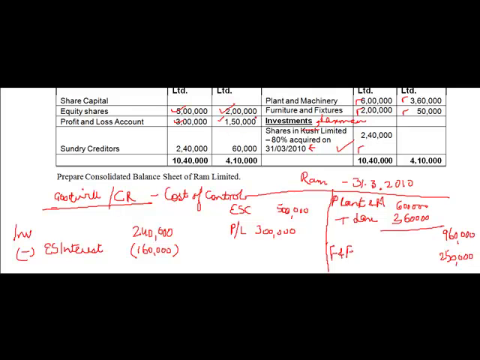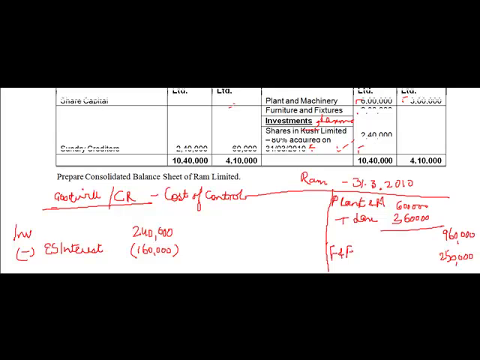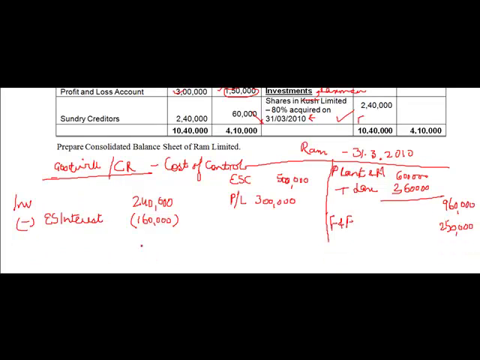Now the important thing to note here is that this 1,50,000 is on what date? It is on 31/3/2010. As I had discussed earlier, 1,50,000 is what I have paid on 31/3/2010, and 80% of that belongs to me.